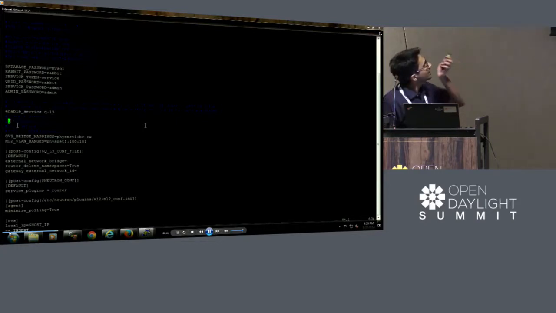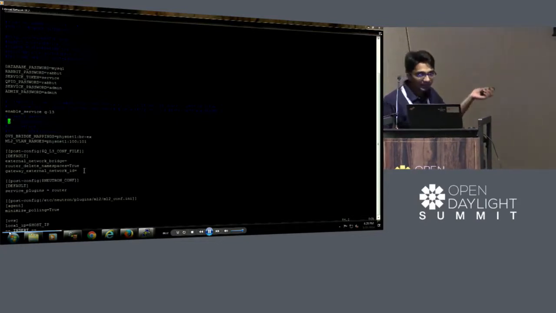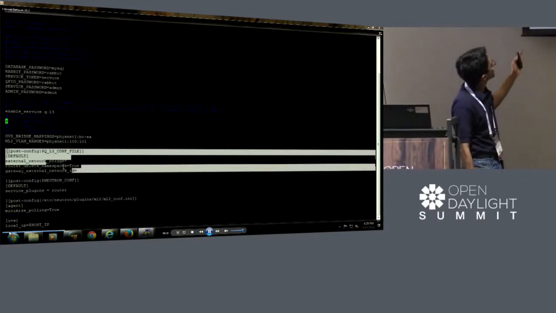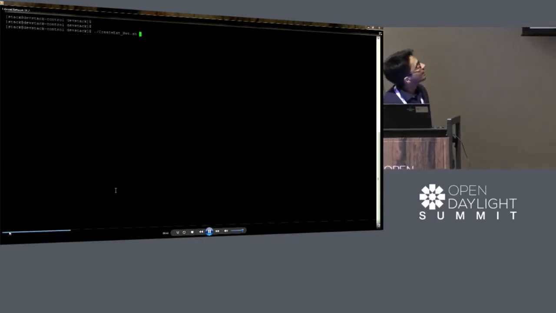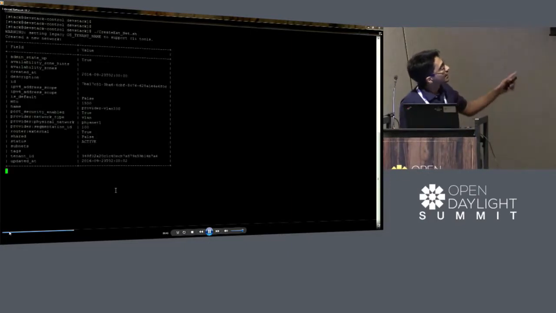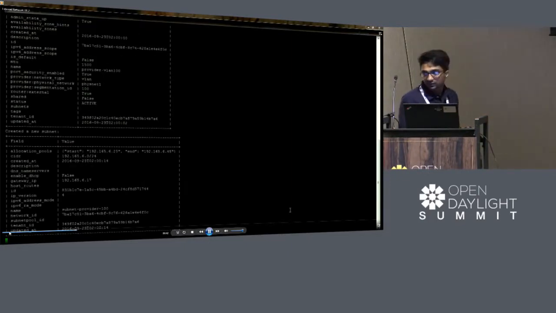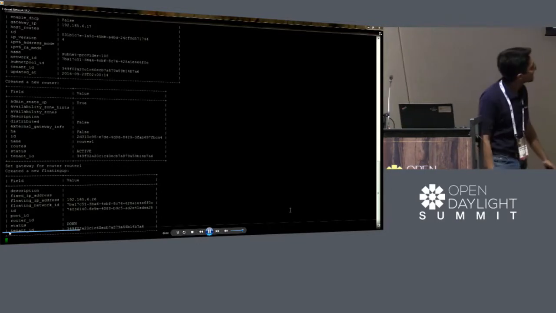Here is where we have tried to indicate that we are enabling the L3 service in OpenStack and we have configuration for OpenDaylight for L2. And this is where we are creating all the external network and router in OpenStack.